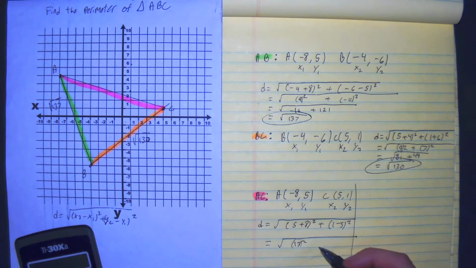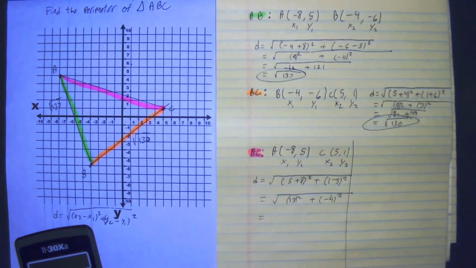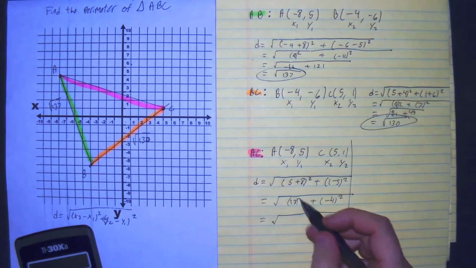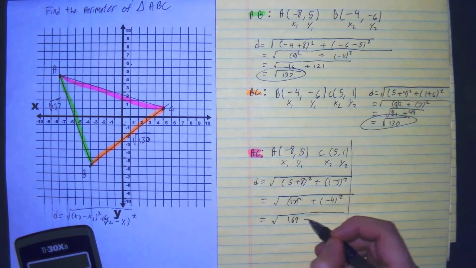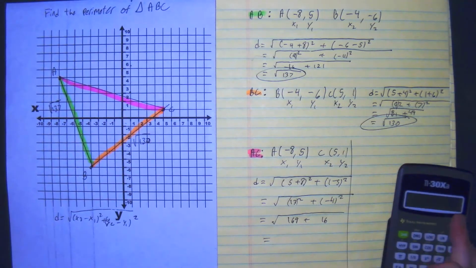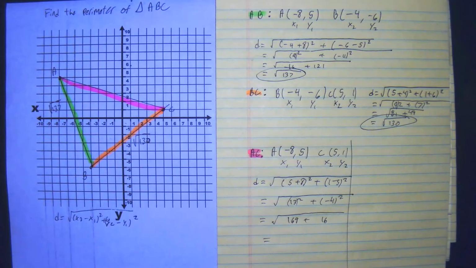And then we have 1 minus 5, that would give us negative 4 squared, which is equal to the square root of 13 squared, 169, plus 16. And 169 plus 16 should be 185.